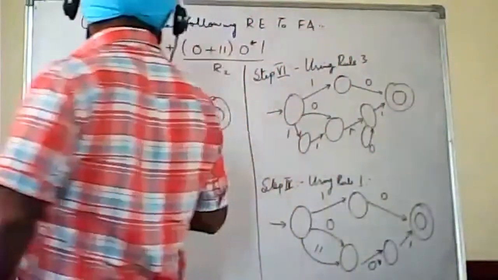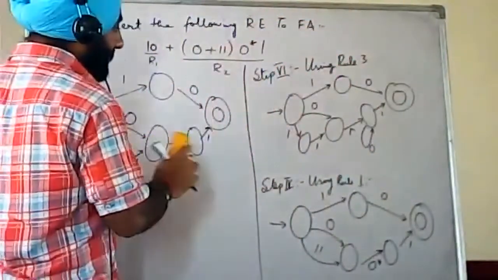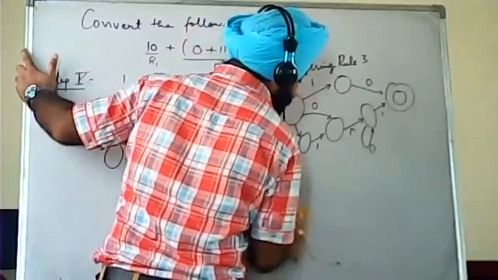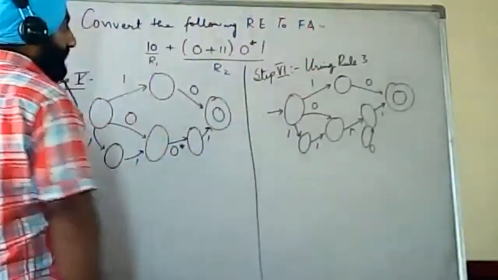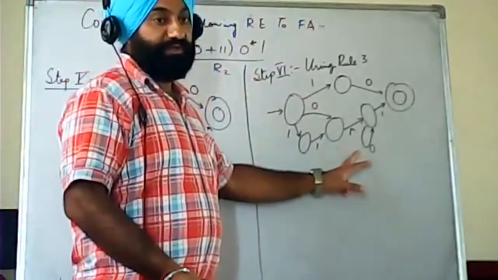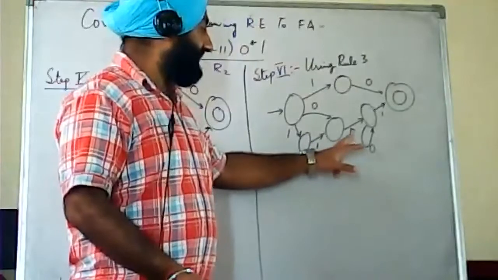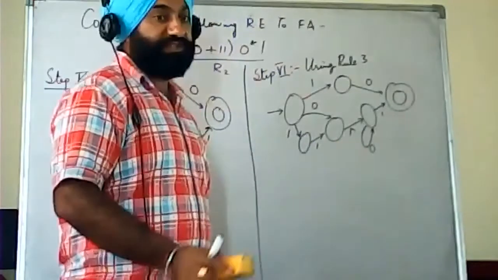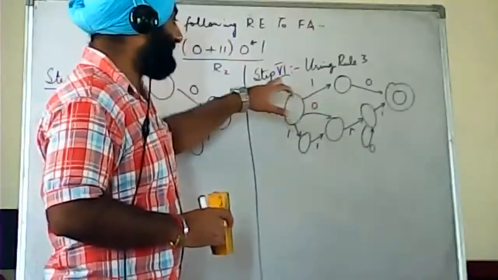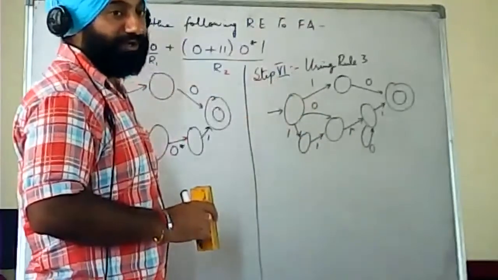Your diagram is almost completed, but you have to remove this null edge because it serves no purpose. Null move, it serves no purpose. So you will have to remove this null in step number 7. How can you remove it?